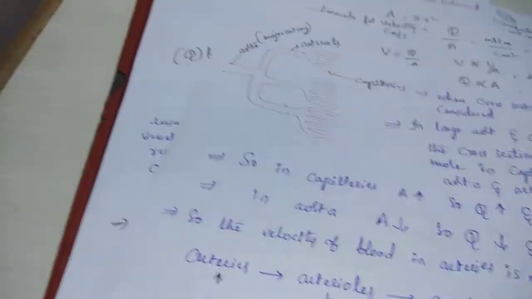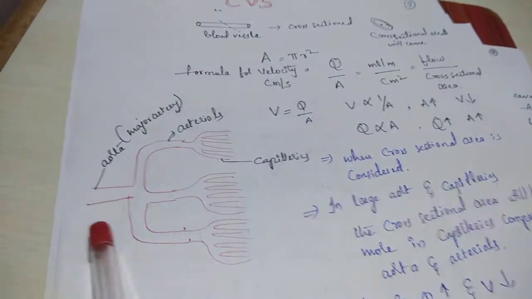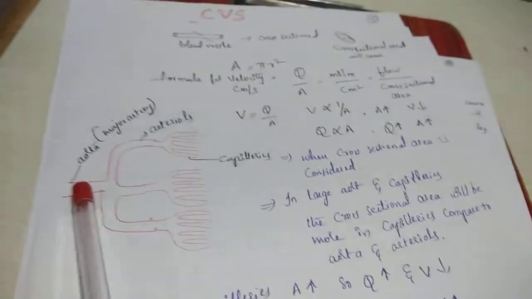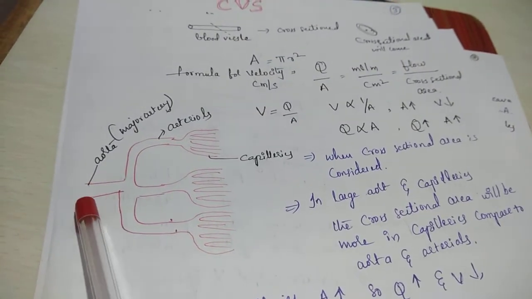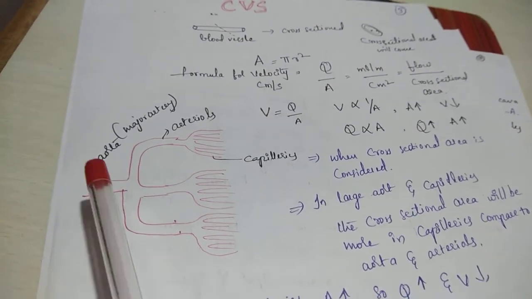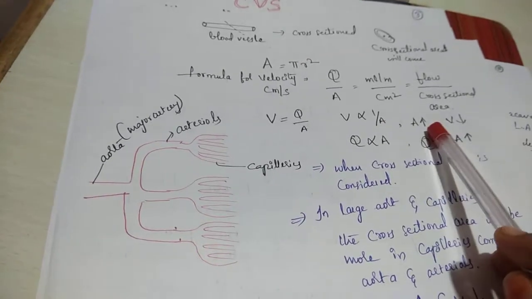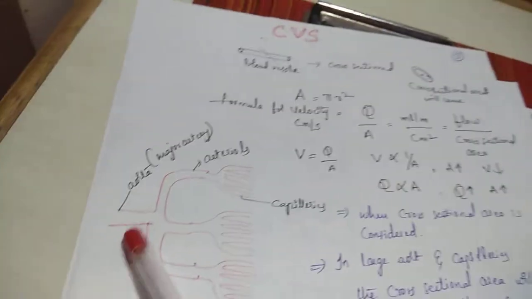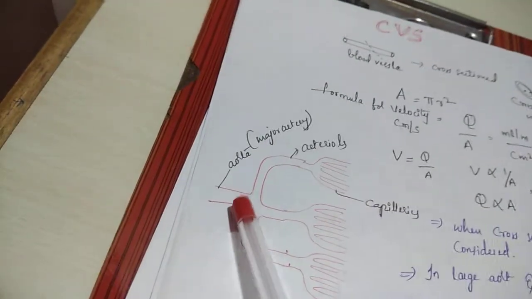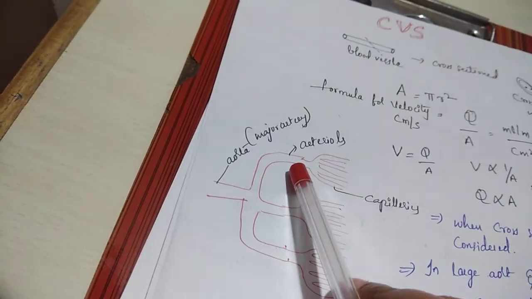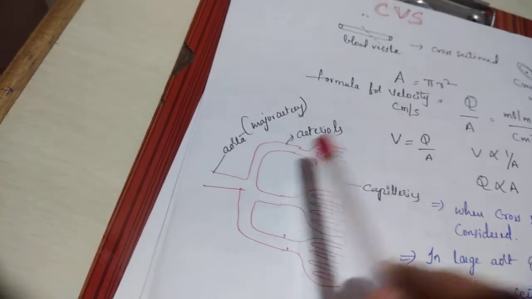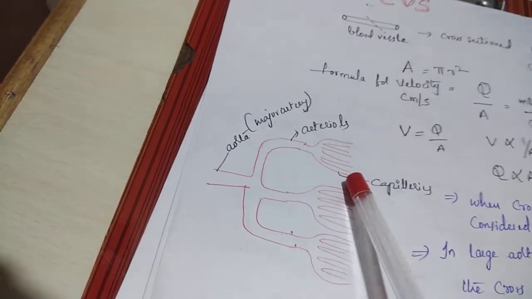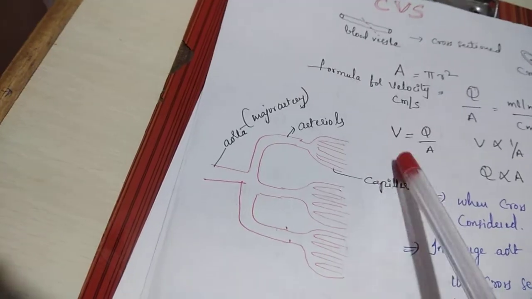The cross sectional area of the aorta is less, which means the velocity will be more here. The velocity of the blood is more in the aorta, and it will be reduced in arterioles and further decreased in capillaries. Again it reaches the systemic tissues.